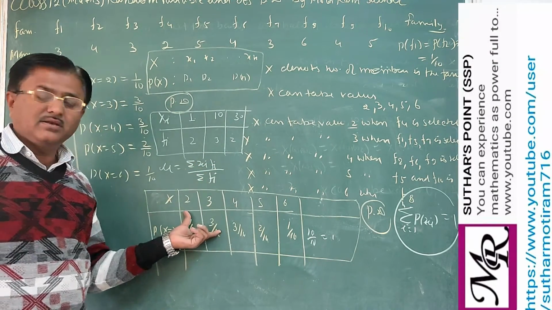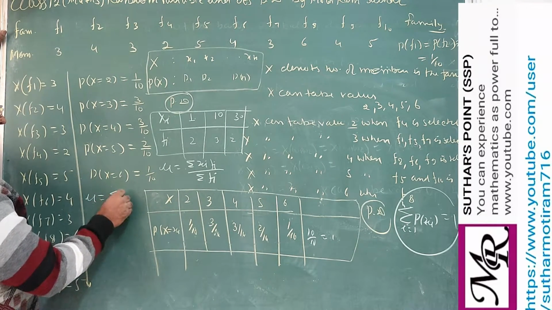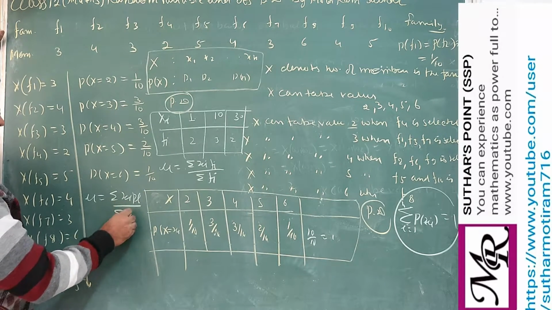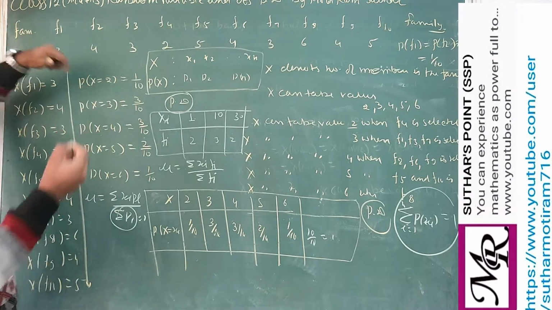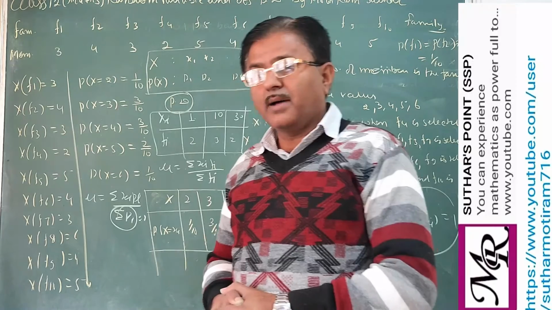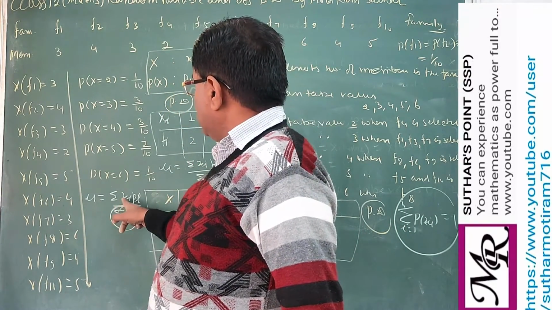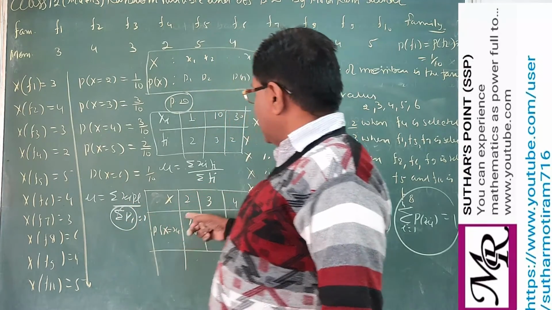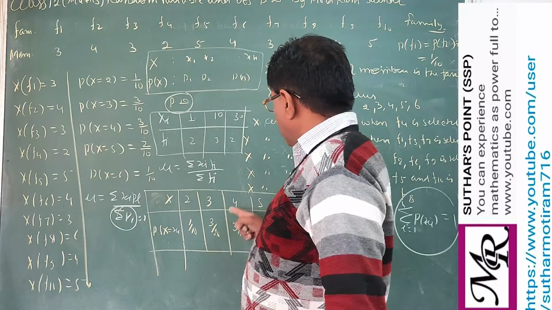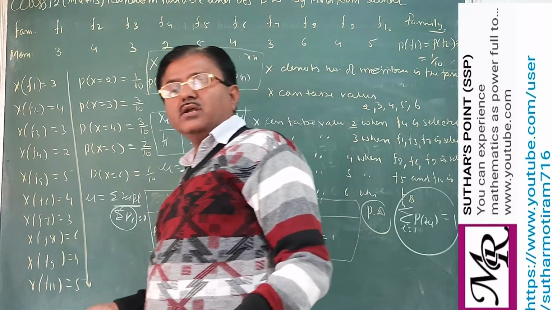The mean of the probability distribution is the same: summation of xi into pi upon summation of pi, but the summation of pi is always 1. So there is no need to write pi. You do not even need to write it; directly we have to see xi into pi: 2 into 1 by 10, 3 into 3 by 10, 4 into 3 by 10, 5 into 2 by 10, 6 into 1 by 10, and you get the result.